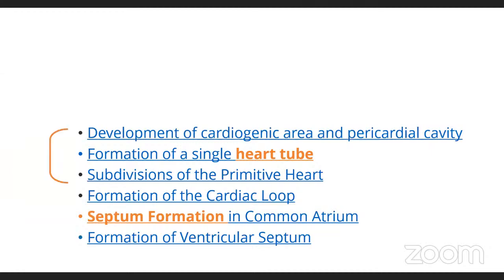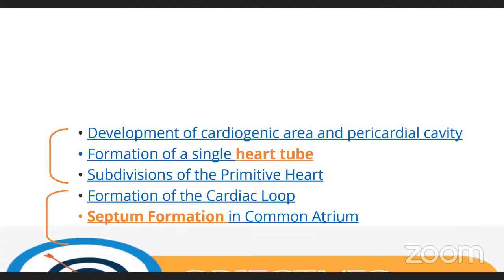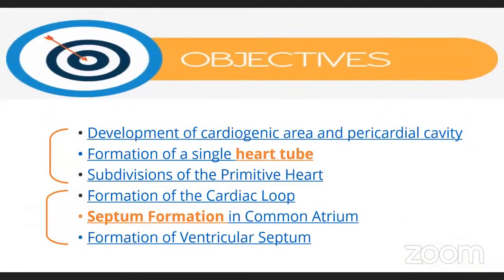First, we're gonna do that in sections. First is the heart tube, our single heart tube, and the surrounding of the heart tube, what's called the pericardium or the pericardial cavity. And then we will talk about the septum or septation of the heart.